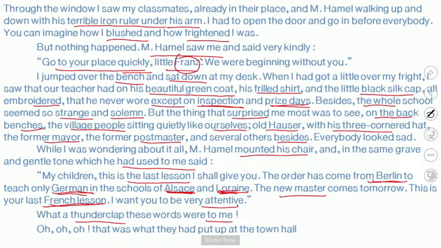So now he understands why all these villagers, the mayor, the former postmen, and others are sitting at the back benches. Now he has noticed why they have come together in the town hall.